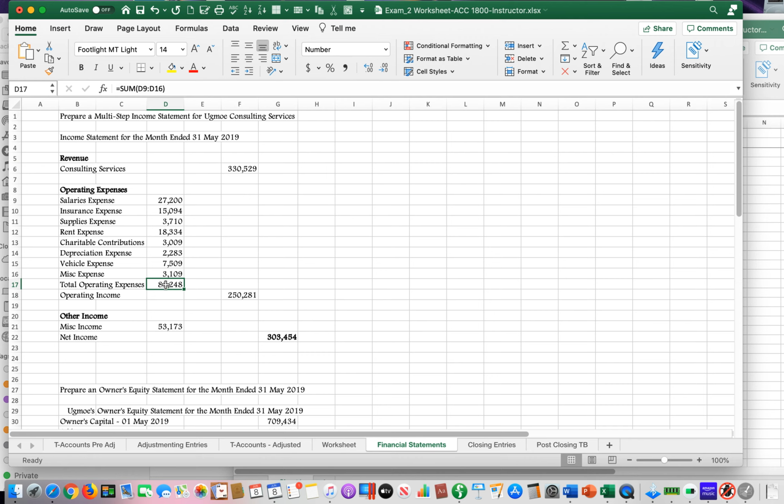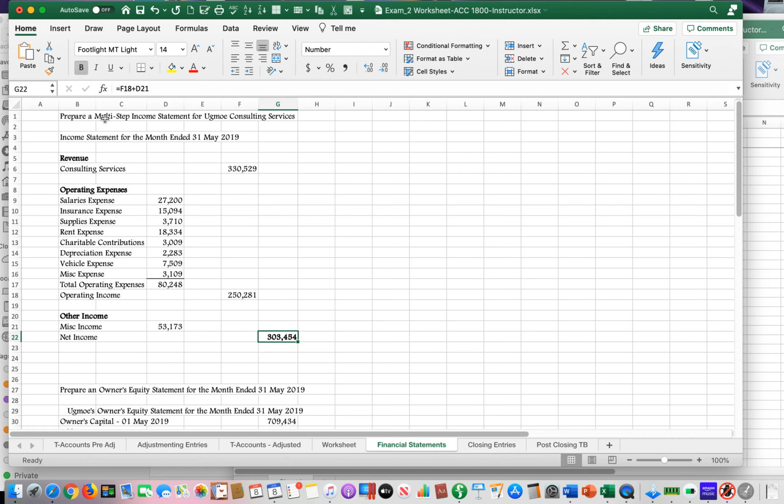You added these up, and then you take the 330,000 minus 80,000. You get the operating income of 250,000. 280. Then you add the miscellaneous income, and you get 303,454, which is the exact same number that came off the worksheet. Go back to the worksheet, and you'll see where these numbers came from, folks.